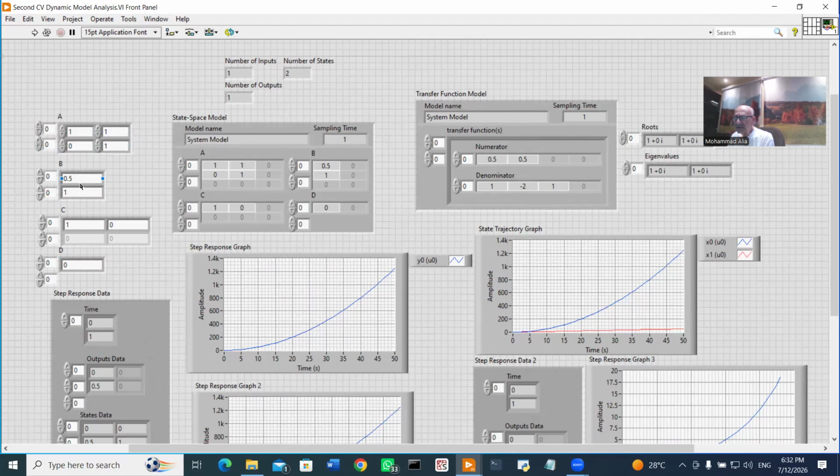B is defined, as you see, half delta T squared, which is equal to half, and this is 1, and C is 1. If you look at the matrix here, it is two-dimensional. So what do we expect? We expect to have two poles, and we have two variables.